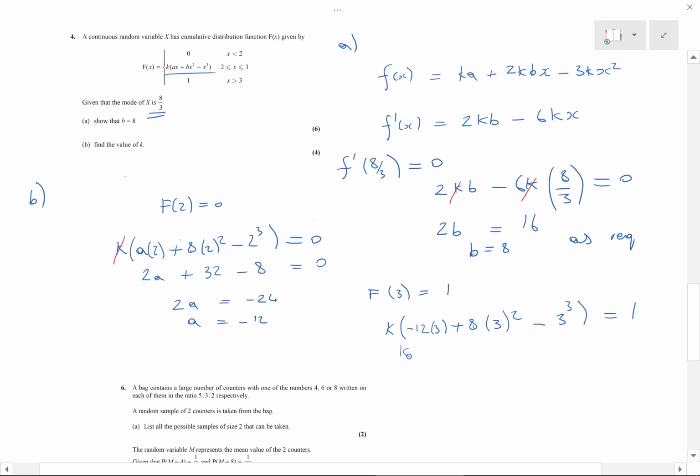So that gives me k times minus 36, plus 8 times 3 squared, that's 8 times 9, which is 72, minus 27 equals 1. 72 minus 36 is equal to 36. And then take away another 27, that's 9. So we've got 9k equals 1. So k equals 1 over 9. Okay, so that's it for question number 5.